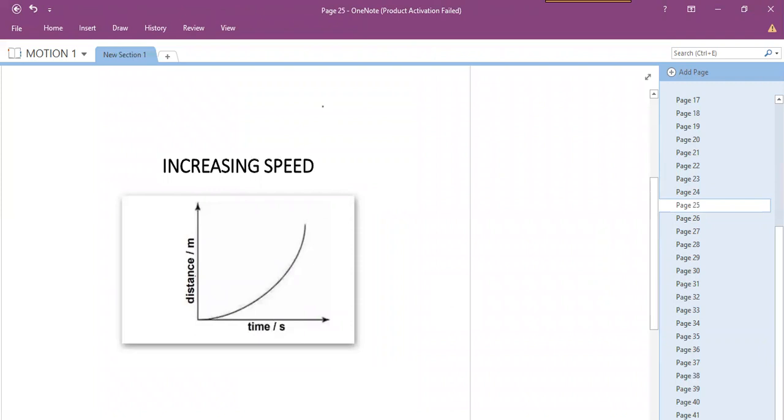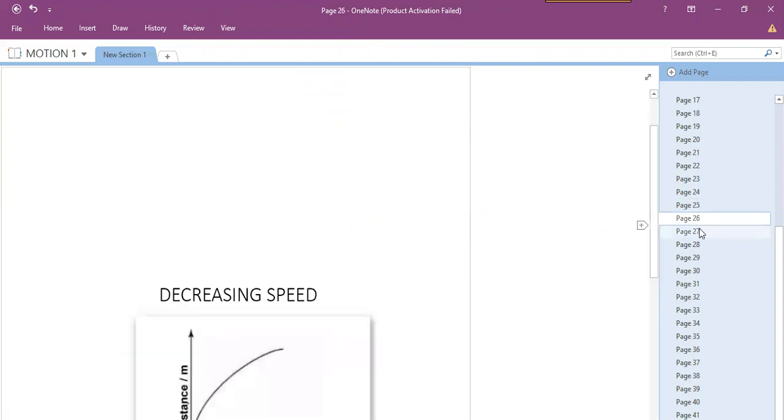So we started with a straight line like that, which means the object is at rest. This is uniform speed. Then this is increasing speed, and that's decreasing speed.